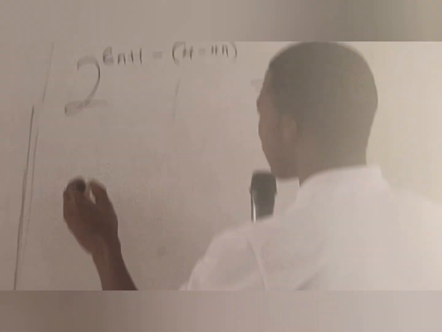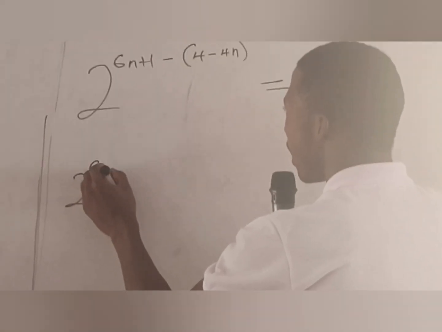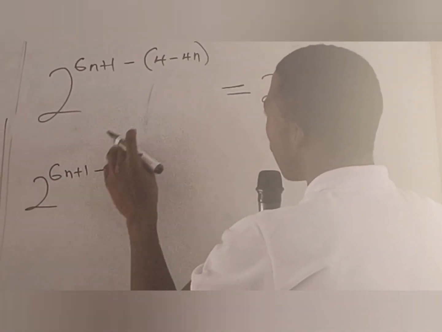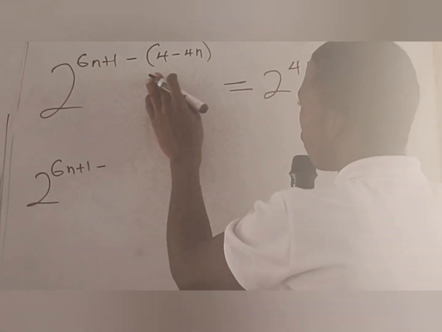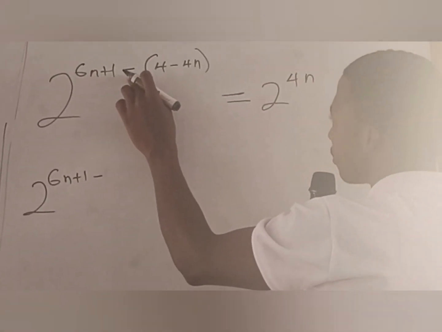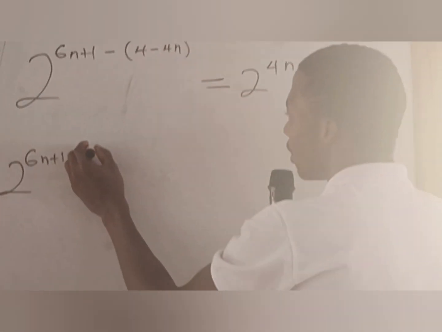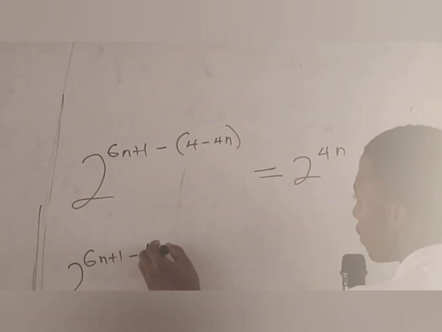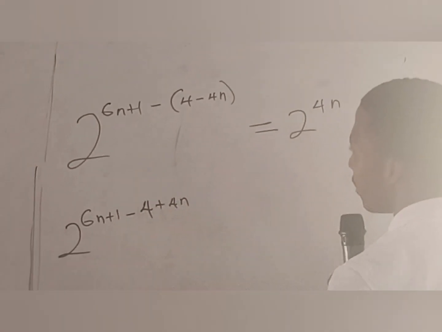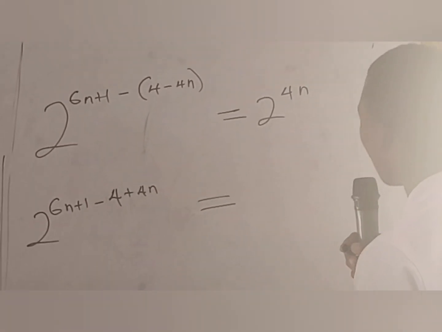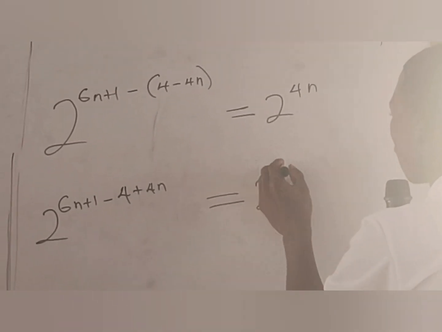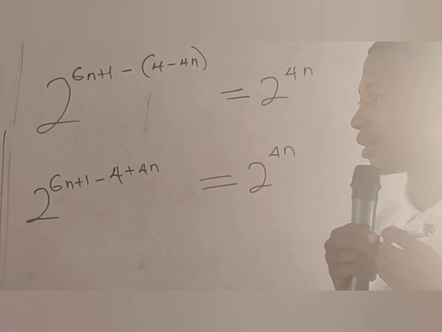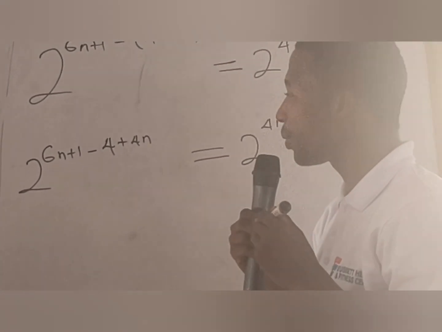Let's simplify it. We have 2 to the power n plus 1, a power 6n plus 1 minus, we remove the bracket. So minus times 4 is minus 4, minus times minus 4n will give us plus 4n. All is equals to 2 to the power 4n. So from here, we simplify it again.